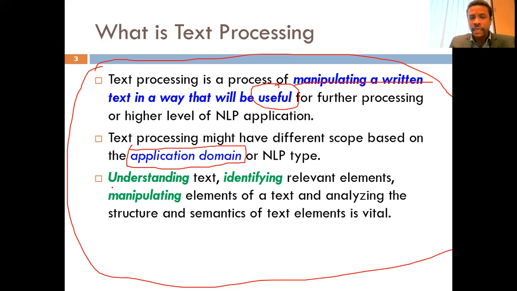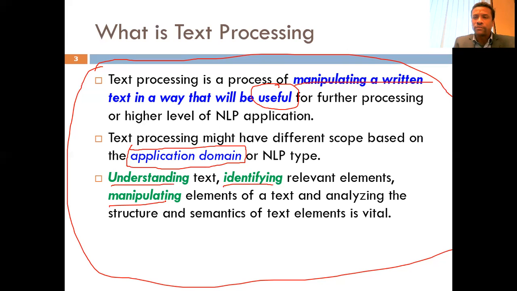So in text processing, we have 3 important steps. The first thing is you have to understand the text first. For instance, what kind of scripting is used? Is it Latin, Ethiopic, Arabic, or any other language? So you have to understand the text itself, how it is written, what kind of standards have been used. Is it using UTF-8 or ASCII code or whatever?